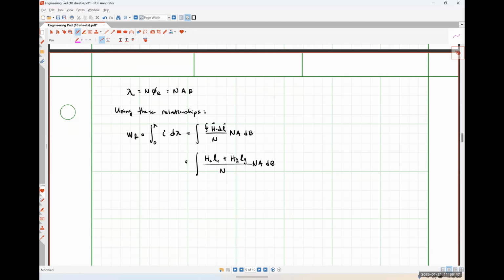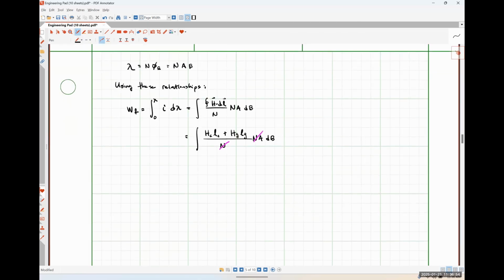For what it's worth, I don't know why I didn't do this sooner. These N's cancel each other out. And I can put my H field in terms of my B field by dividing by the permeability, right? Right now I have some things in terms of H and I'm integrating with respect to B field.